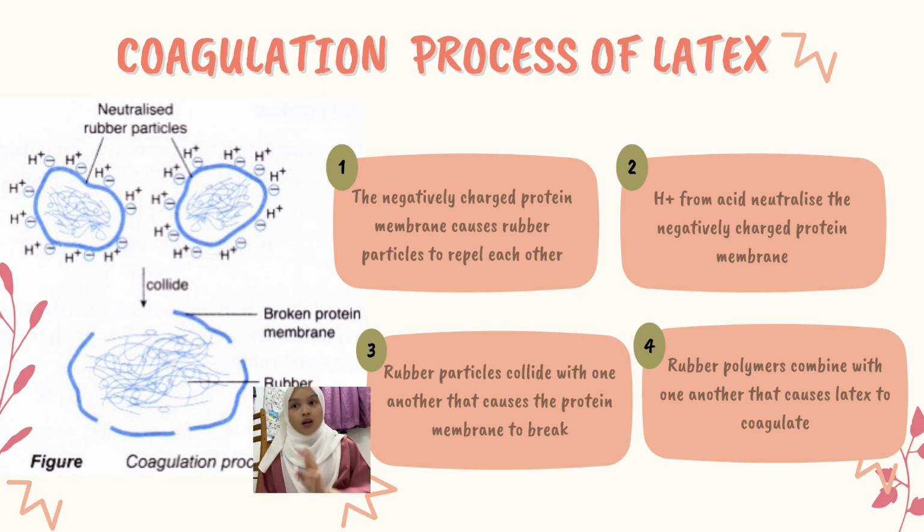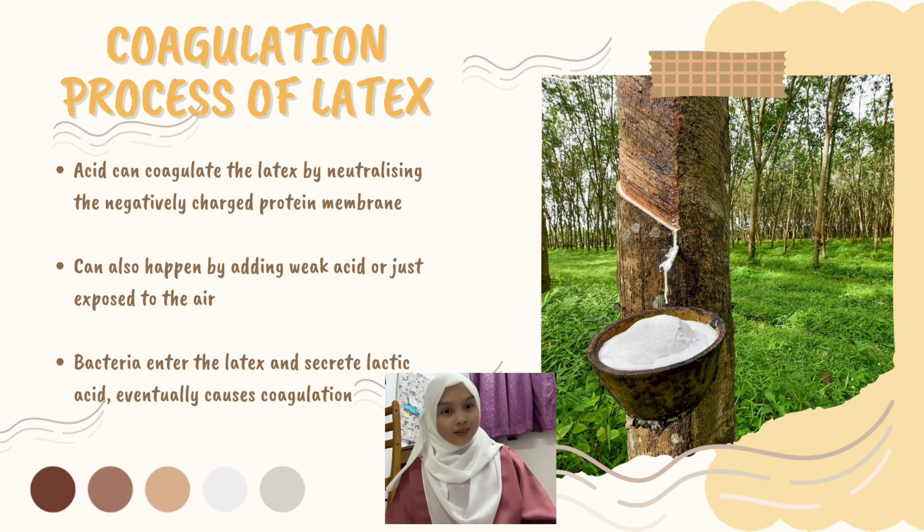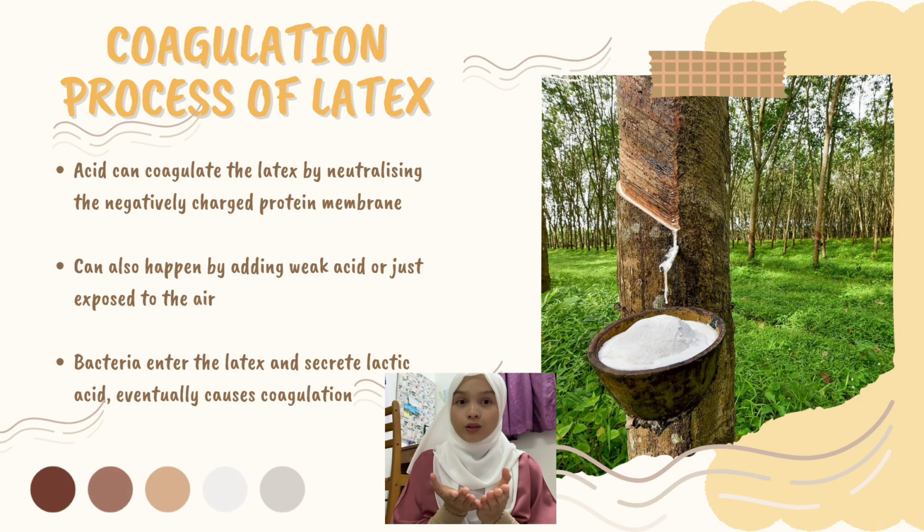Number 3, rubber particles collide with one another that causes the protein membrane to break. Number 4, rubber polymers combine with one another that causes latex to coagulate. This is the reason why the coagulation process can happen in the latex.